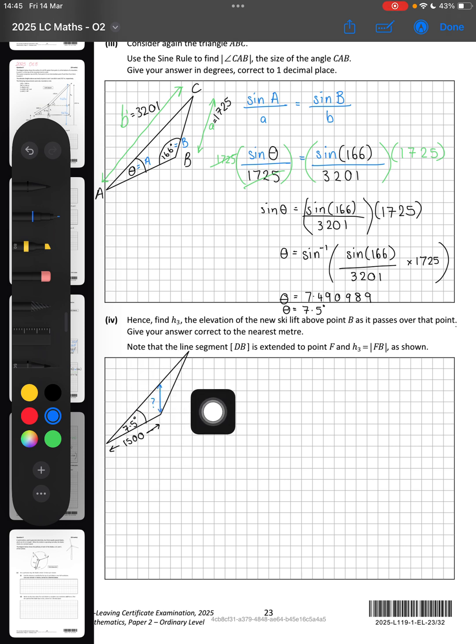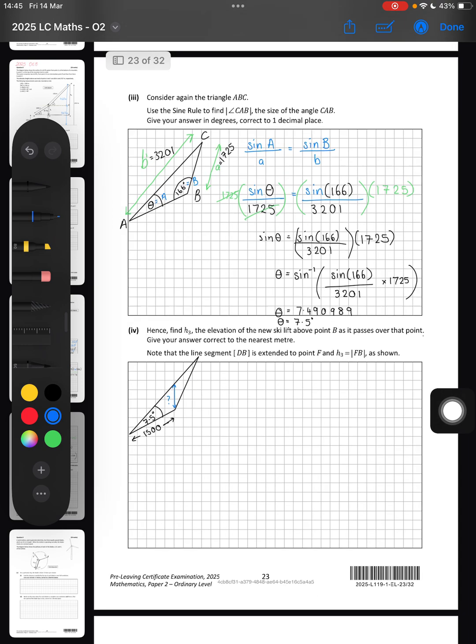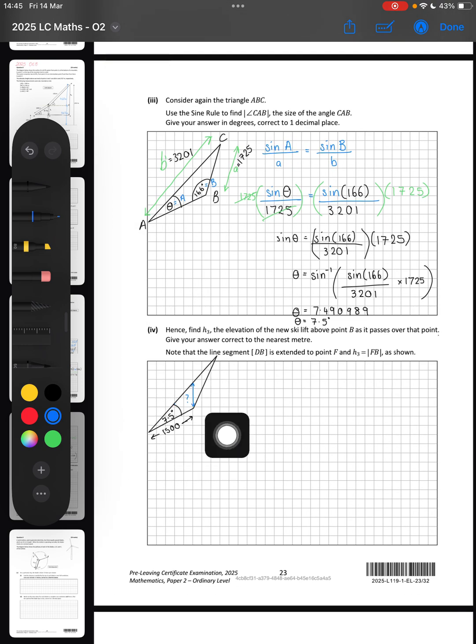Now, when I fill that in, it's not creating a right angle triangle, so I'm not going to be using Pythagoras or SOHCAHTOA here. What I need to figure out is, what other information do I have in and around this triangle?